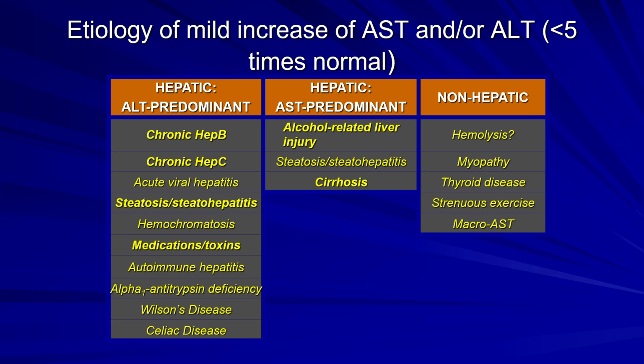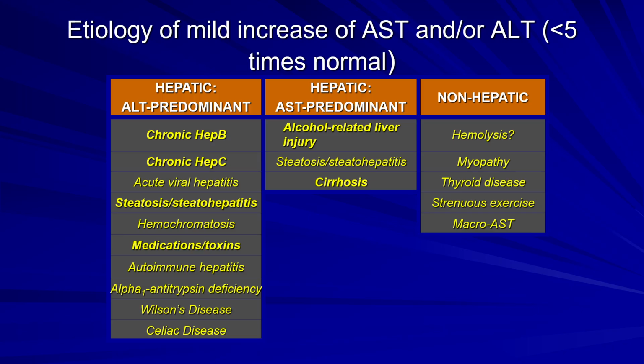And severe, which we will cover in the next slide. So for mild increase in transaminases, I shall remind you first that the ALT is much more specific for liver injury.